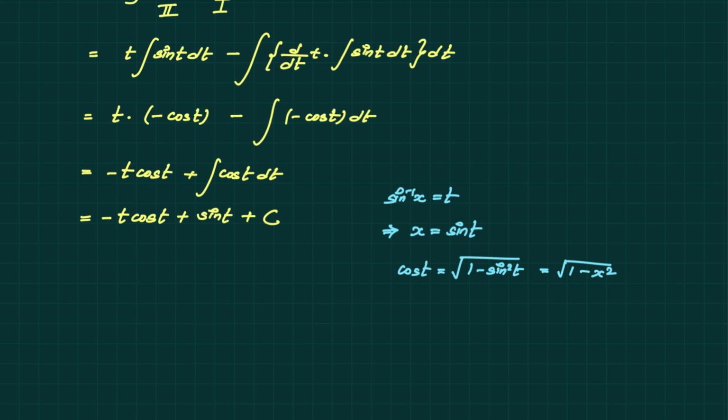So putting back the value in the given integral, we have minus, instead of t we can write sin inverse of x, and instead of cos t we can write square root of 1 minus x square, plus instead of sine t, from this equation we can write x, plus c. So this is the answer.